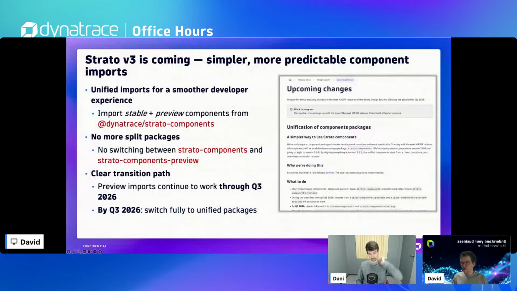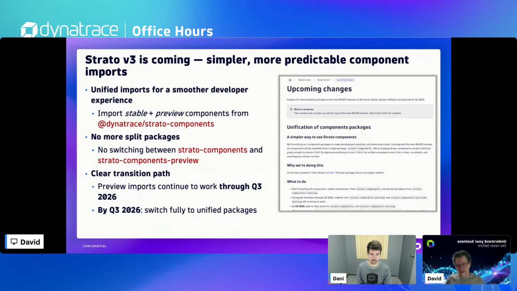One thing that we've mentioned before, also because it's a significant change, it's not a huge effort for you to implement the change, but still it's really good news, I think. Strato version 3 will be released quite soon, and this is a very nice update, because if you're aware, currently we have these two main Strato packages named Strato Components and Strato Components Preview.